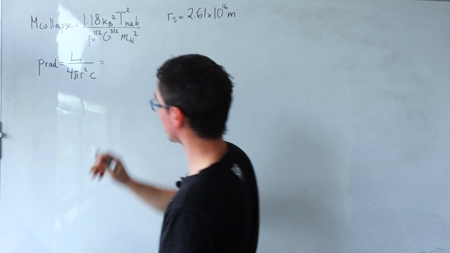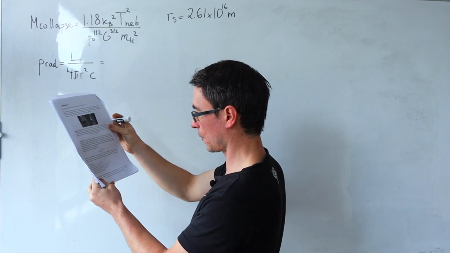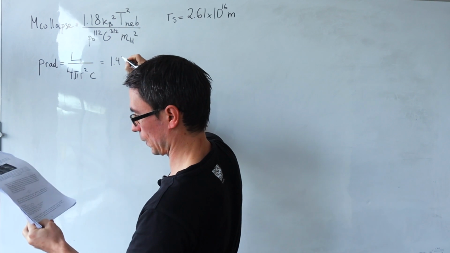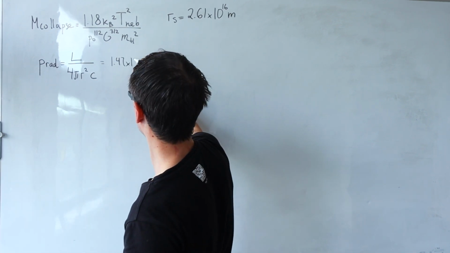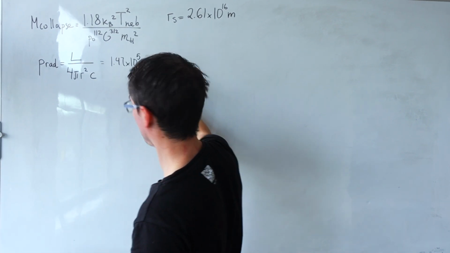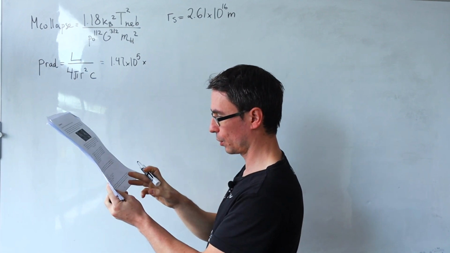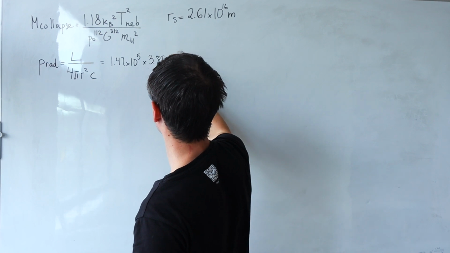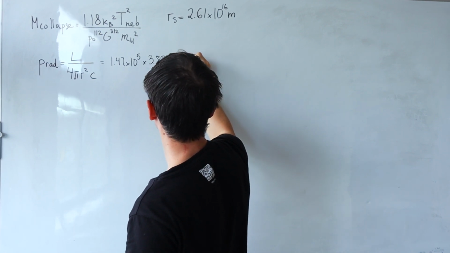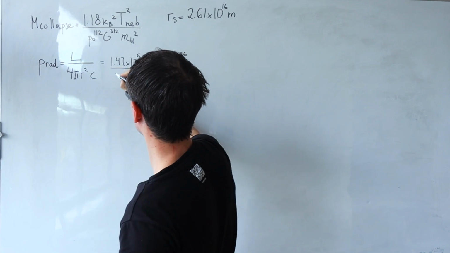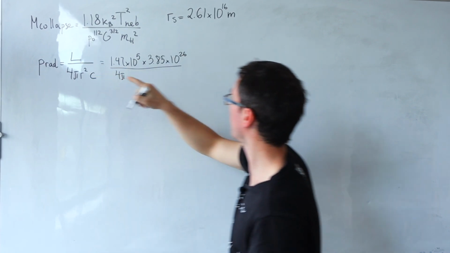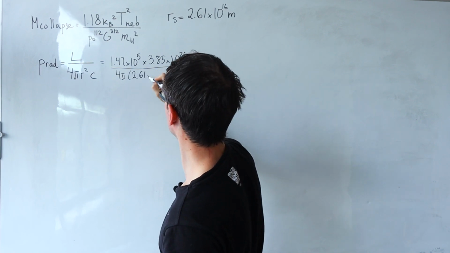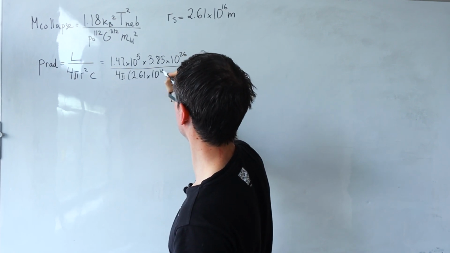So the luminosity, let's see, what was it? Around 1.47 times 10^5 solar luminosities, and the solar luminosity was 3.85 times 10^26. Now we're going to divide this by 4 pi times the radius squared, which in meters was 2.61 times 10^16.